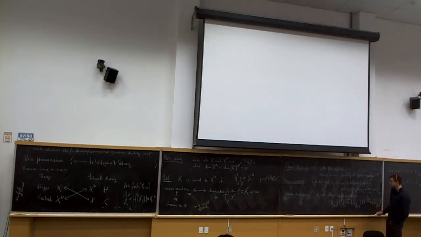If I take a stable envelope of some point P1 and restrict it to some point P2, I get a matrix of elliptic functions, and one needs to equate this with the stable envelope of P2 check restricted to P1 check. One needs a symmetry like that.